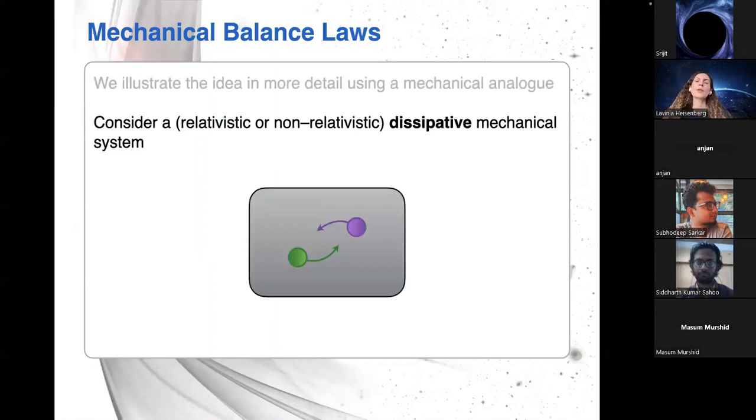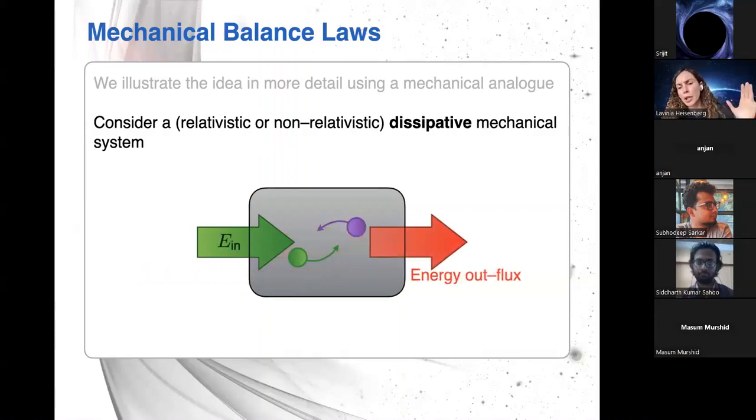Imagine you have a dissipative mechanical system. It doesn't matter, it could be a relativistic or non-relativistic system, maybe two balls interacting in a specific way. And now imagine you put a specific boundary around this system, which is given here by this red line. Then there will be some energy influx into this system and some energy outflux out of this system.